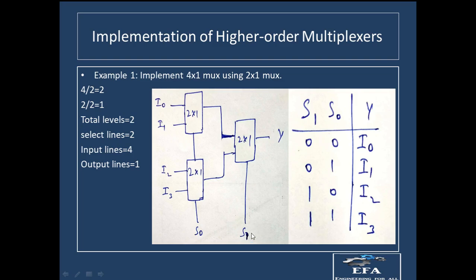After that we are having S1 equal to 1, so out of the outputs which are coming as input to this multiplexer, I0 and I2, I2 will get the access to pass through and reach the output. So if we are having 1 0 at the select lines, we will be having I2 at the output.